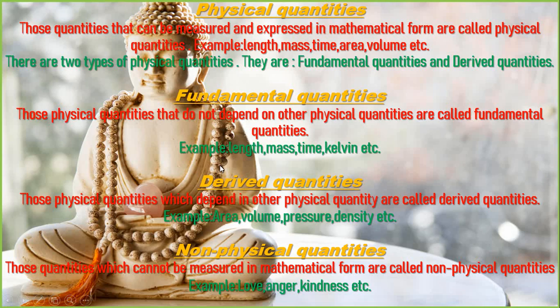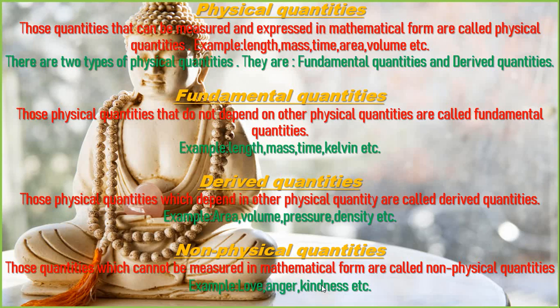Now let's discuss non-physical quantities. We have previously discussed physical quantities and their types, but now we are going to discuss non-physical quantities. What is a non-physical quantity? By seeing the word 'non', N-O-N, we may get some idea. As we have previously discussed, those quantities which can be measured are known as physical quantities, and simply those quantities which cannot be measured in mathematical form are known as non-physical quantities.